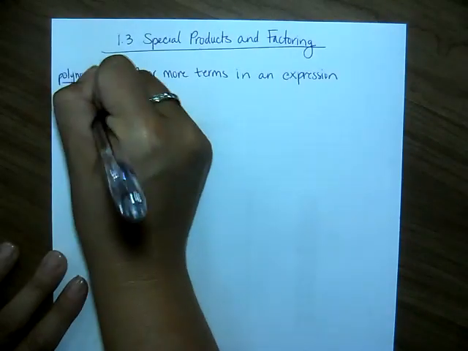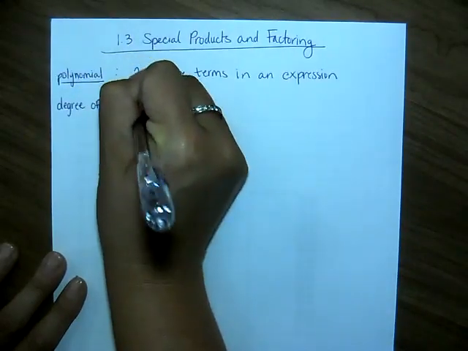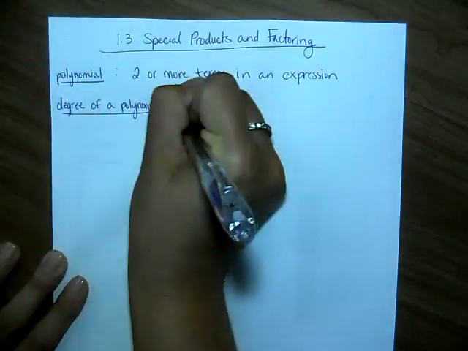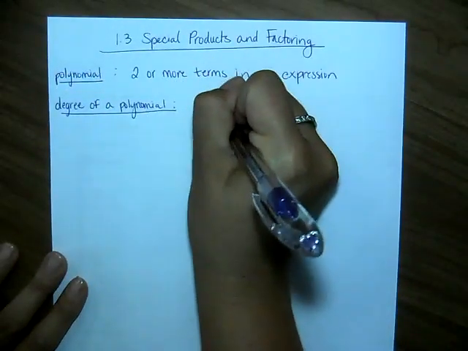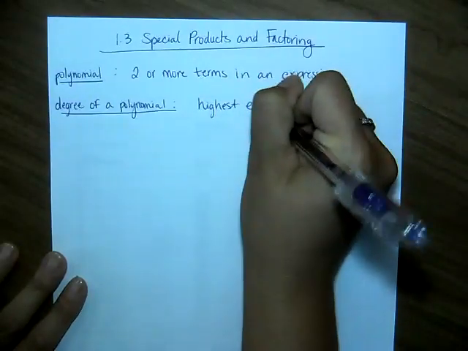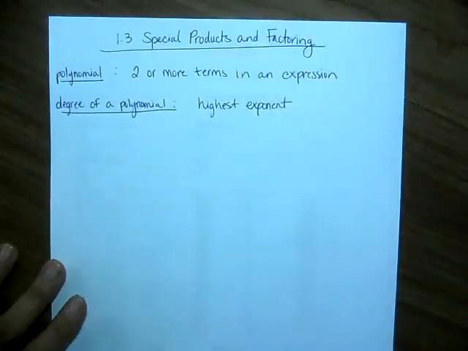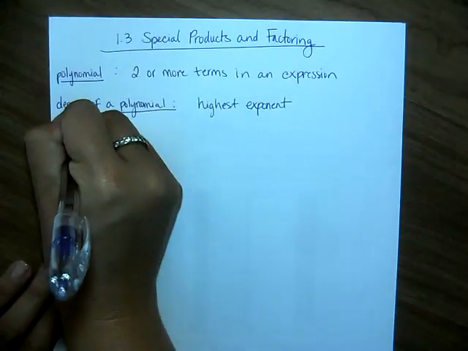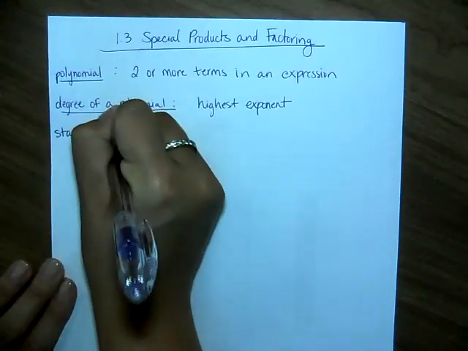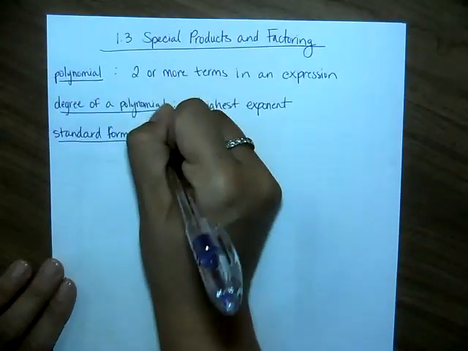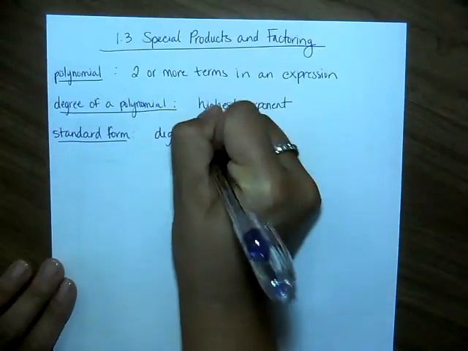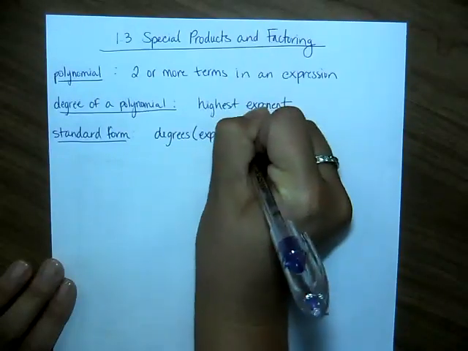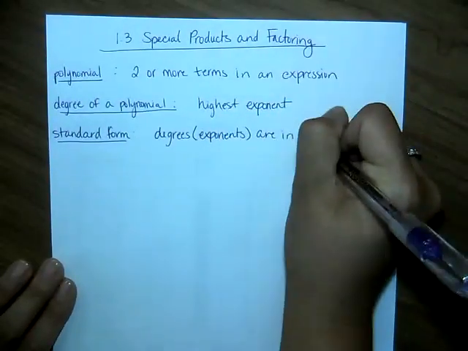The degree of a polynomial is your highest exponent. In order for a polynomial to be in standard form, the degrees, or the exponents, are in descending order.